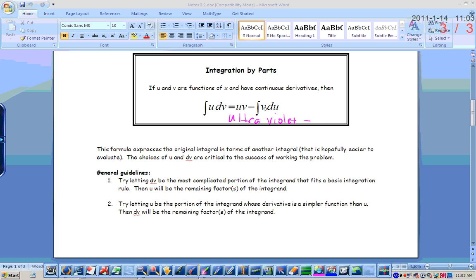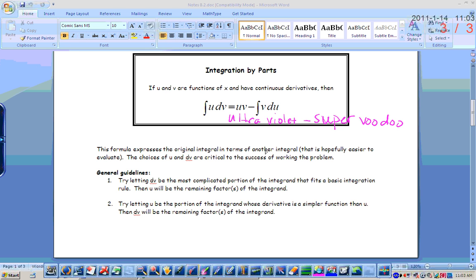So super in v d u is super voodoo. Yeah, it's a stretch. So the formula is basically ultraviolet minus super voodoo: uv minus the integral of v du. It works, I promise.